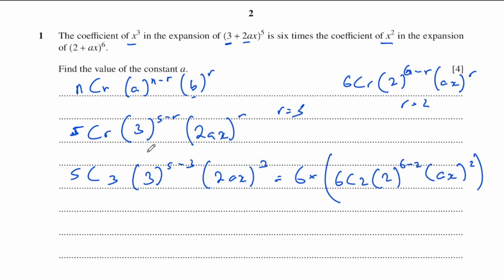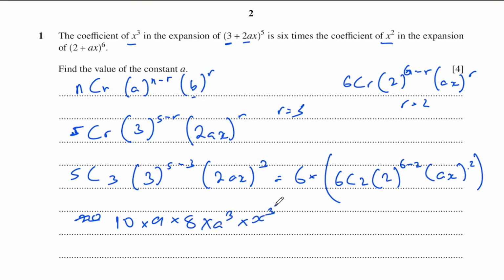Now we can just find the values for all of them. So 5C3 is just going to be 10, and then 3 squared is just 9, and then 2 cubed is 8, and then times a cubed times x cubed will give us the coefficient of x.